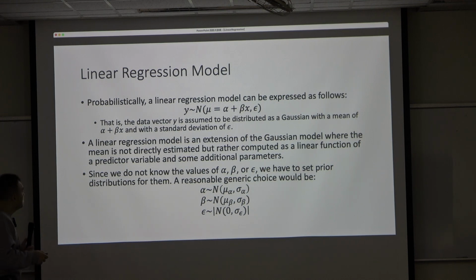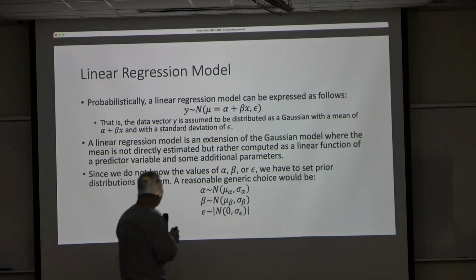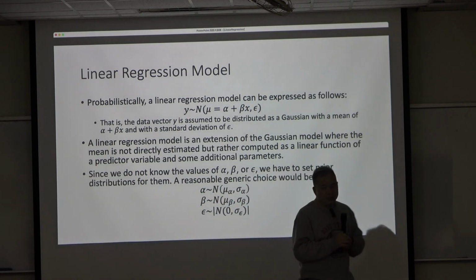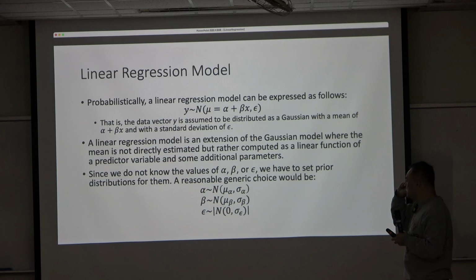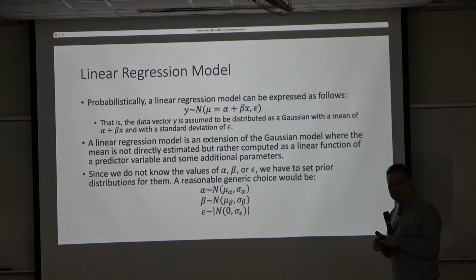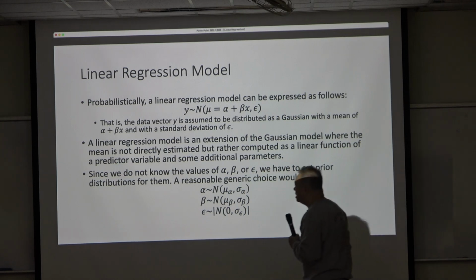So you can see we treat Y to be sampled from a normal distribution, and in this normal distribution, its average mu is alpha plus beta x, with standard deviation sigma.